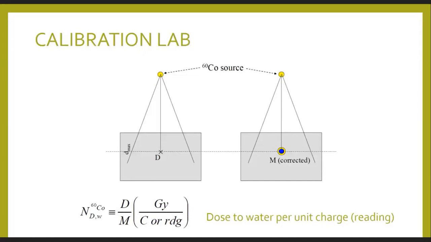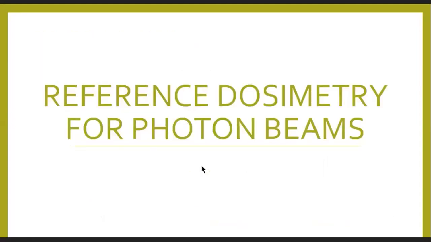Then by simply placing the detector at that reference depth, we can get the ratio of the dose over the reading of the detector or the dosimeter, and simply we can get the calibration factor for that detector. Then that calibration factor can be used in calculating the absorbed dose to water. Now, the first part of this presentation, which is reference dosimetry for photon beams.